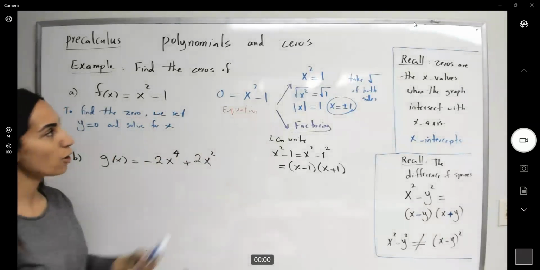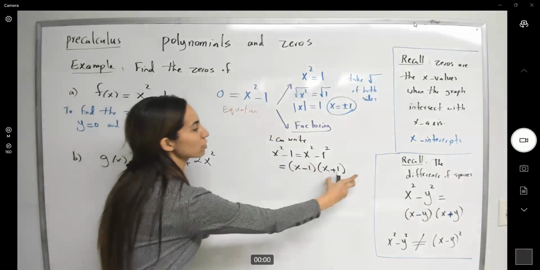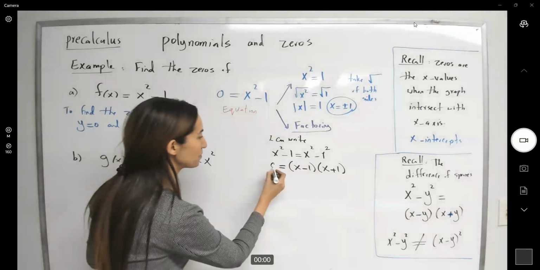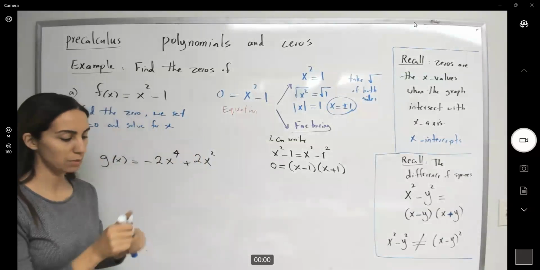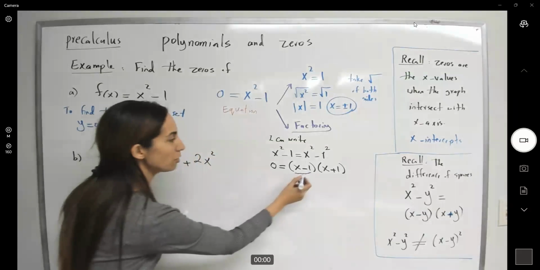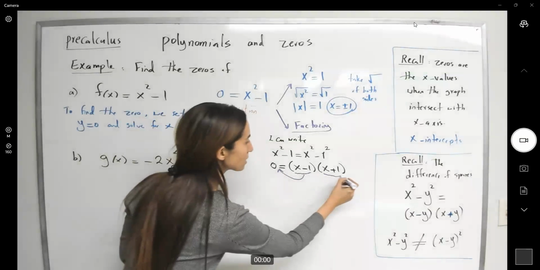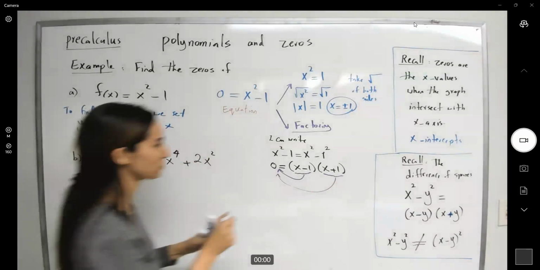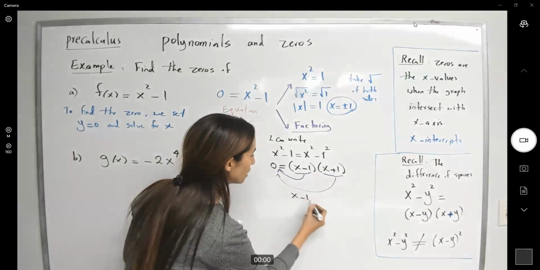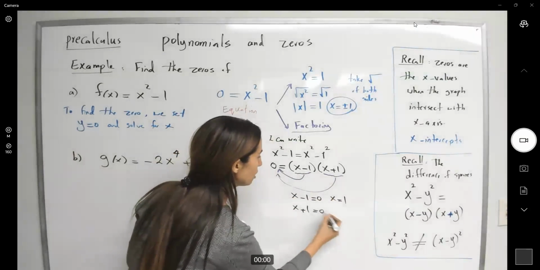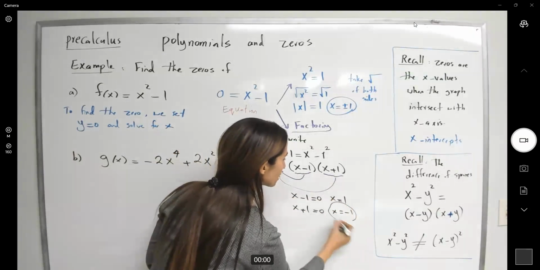Well, I wrote this guy in factored form. I set it equal to 0. What's the meaning of that? It means that either x minus 1 is 0 or x plus 1 is 0. Solve each of them. X minus 1 is 0, it means that x is 1. X plus 1 is 0, it means that x is minus 1.